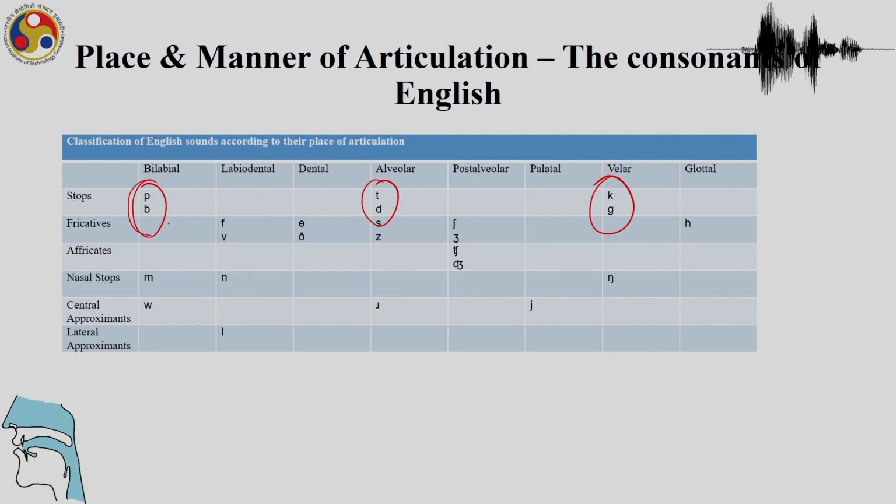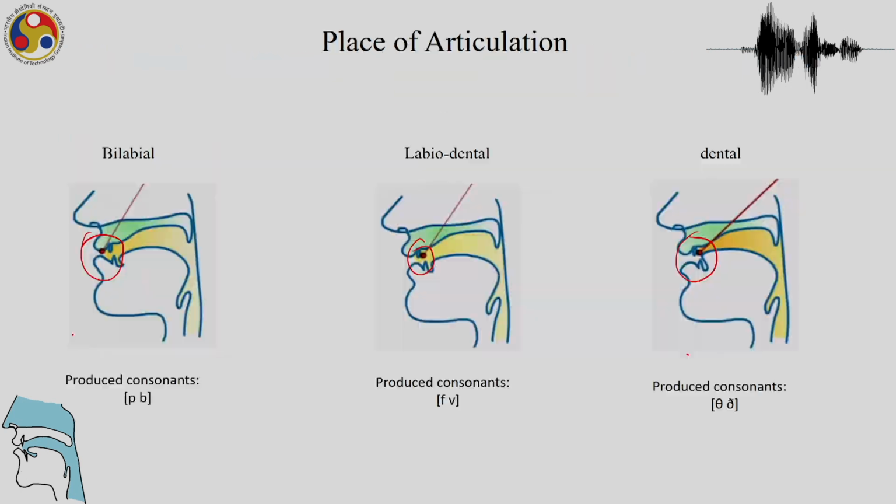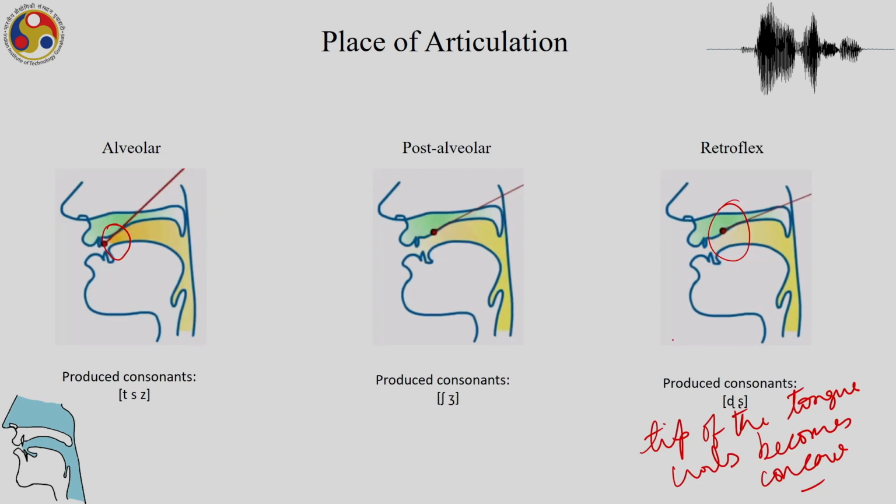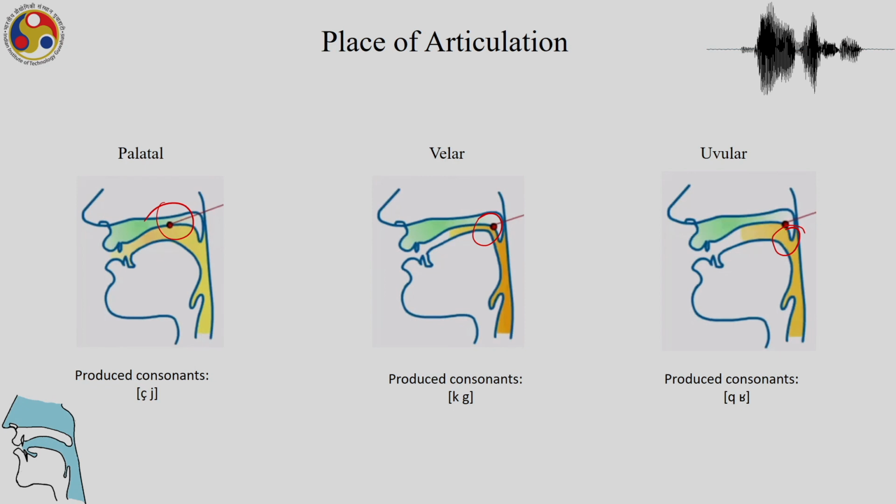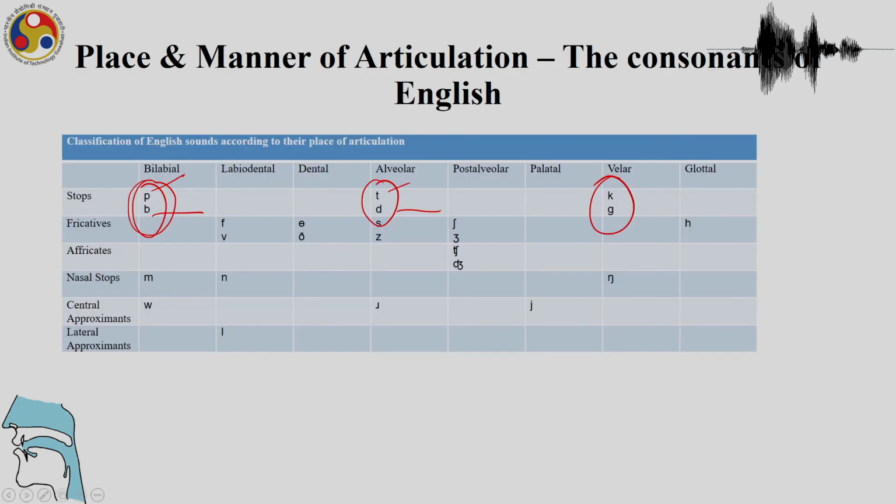So not just the voiceless and voiced counterparts, but the aspirated and unaspirated counterparts, as well as the voiced aspirated counterparts. So this is how languages can differ in the production of sounds, in the manner of articulation of sounds. And if you look at the English consonant inventory, then we see that many of these places are not used.